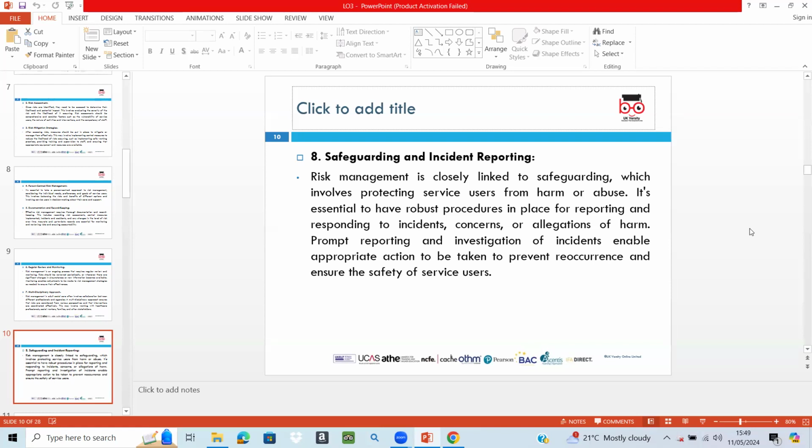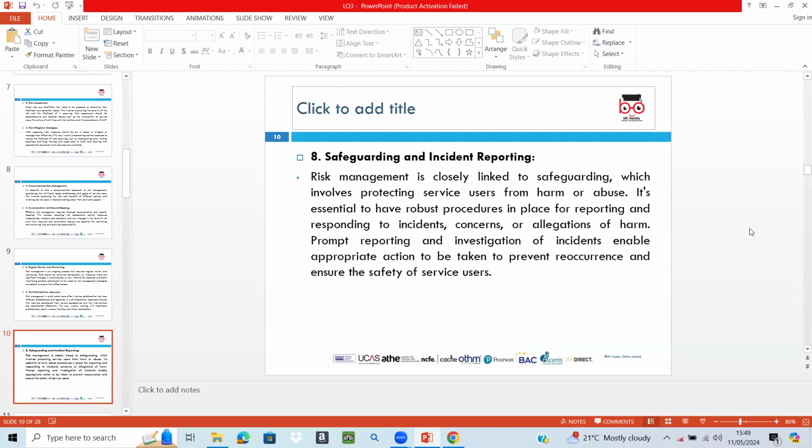Safeguarding is an essential aspect of risk management in adult social care, as it aims to protect service users from harm, abuse, or neglect. When incidents or any concern or allegation of harm arises, it is crucial to have proper reporting procedures in place, and the staff need to do prompt reporting and investigation of such incidents to address the risk effectively and ensure the safety and well-being of service users.